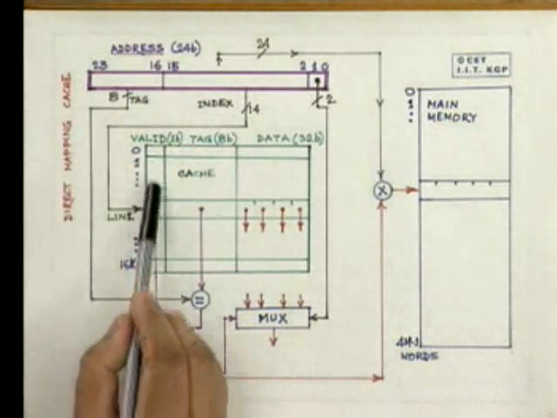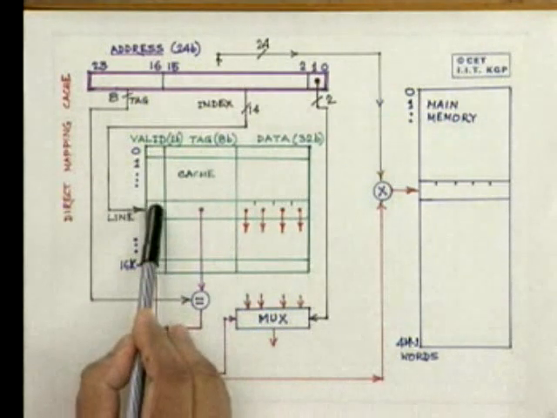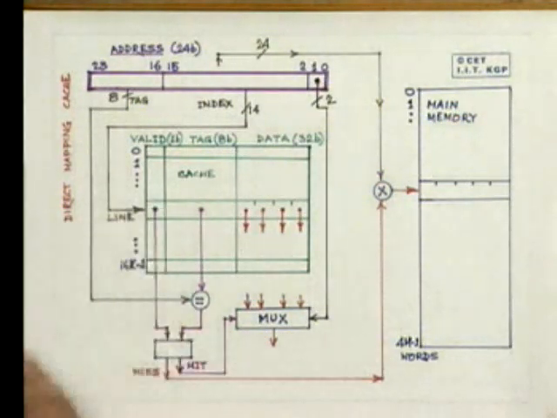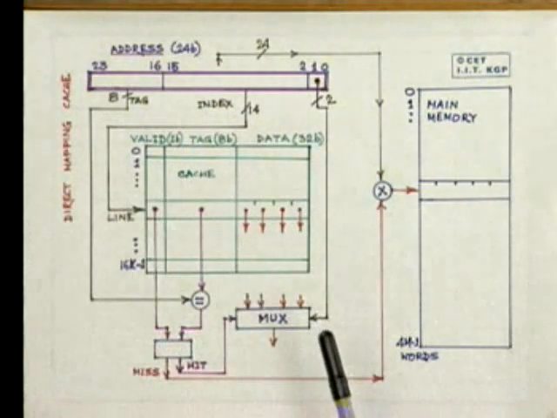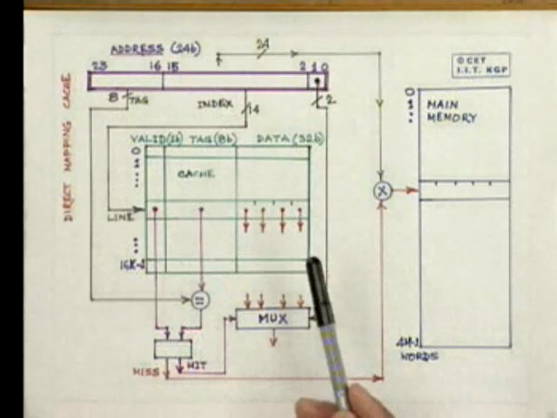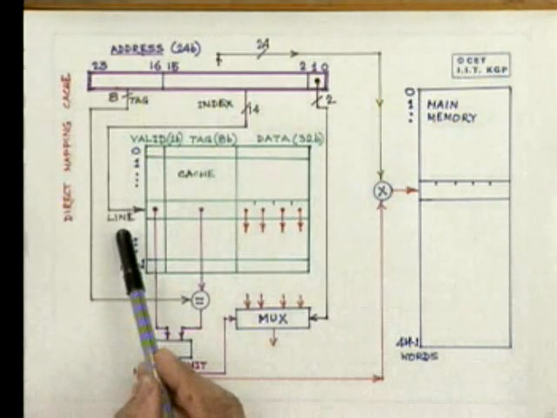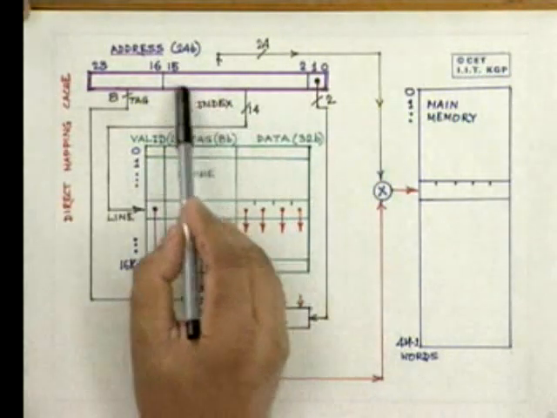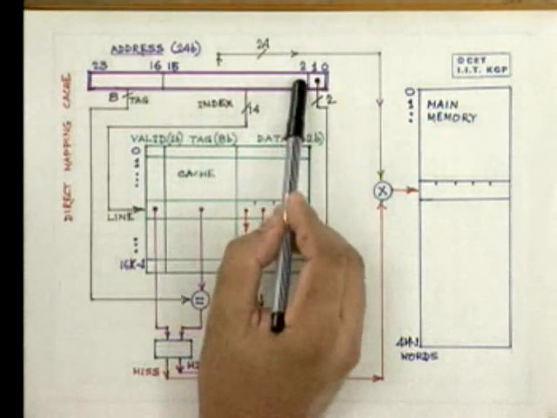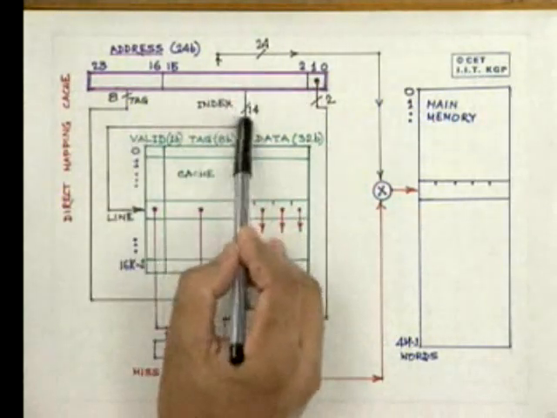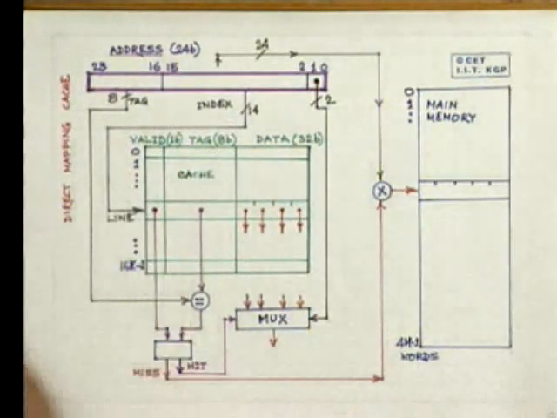And here we keep another bit we call the valid bit. What is the purpose of this valid bit? We'll explain. What happens is that when the address is obtained by the CPU, the CPU takes this 14-bit as the address in the cache memory, and it comes into that cache memory.